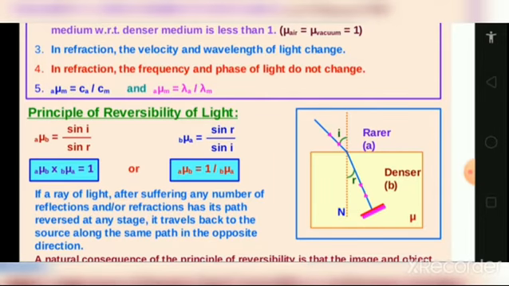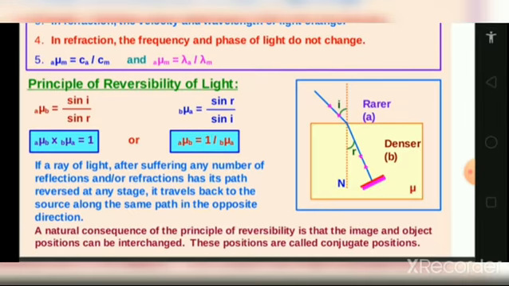So in two different media, with respect to positions A and B, you can write these two equations which you can see on the screen. But also remember that the law of refraction says that the incident ray, the refracted ray and the normal drawn to the point of incidence are in the same plane.